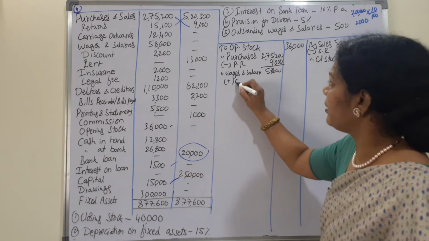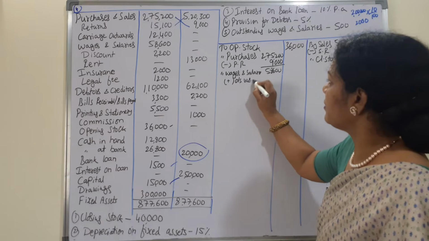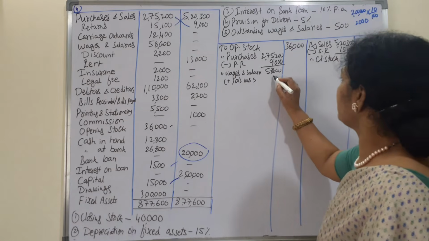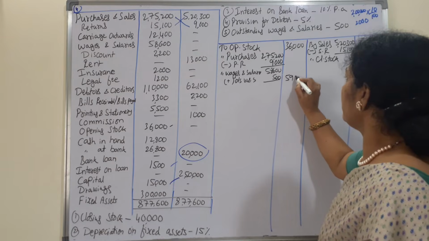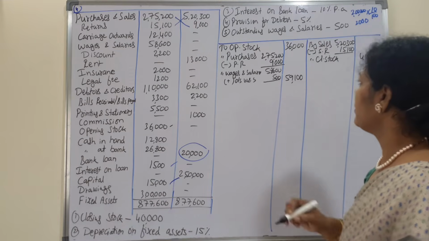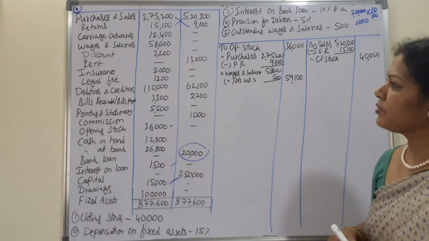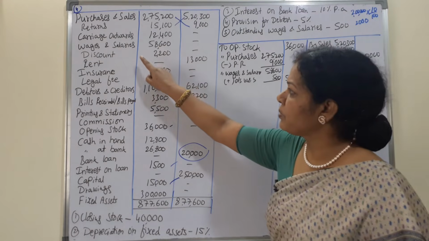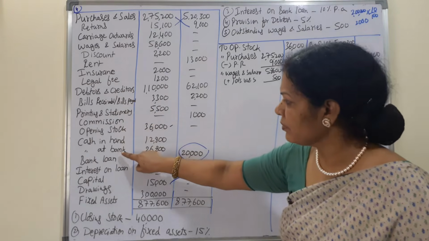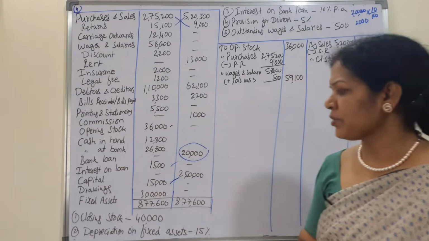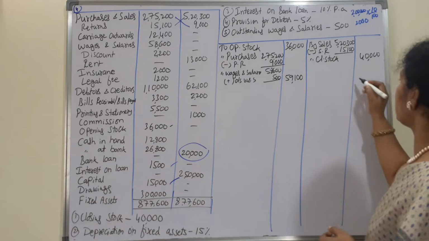We will add outstanding wages and salaries, 500, making 59,100. Next, any other direct expenses? That's all. So we'll close this.